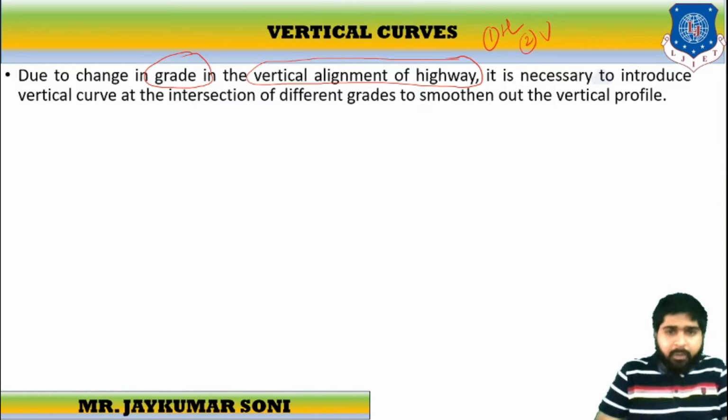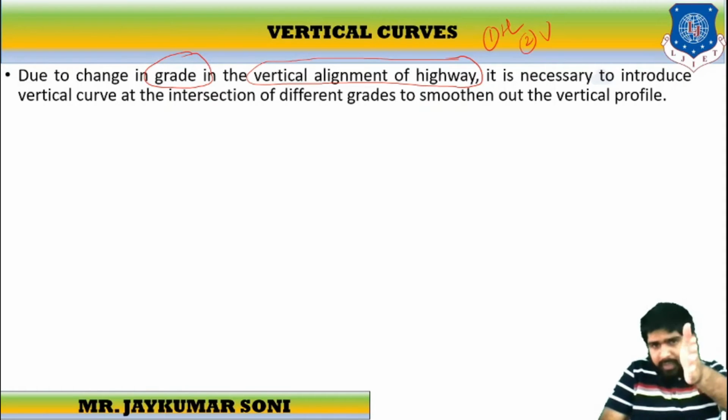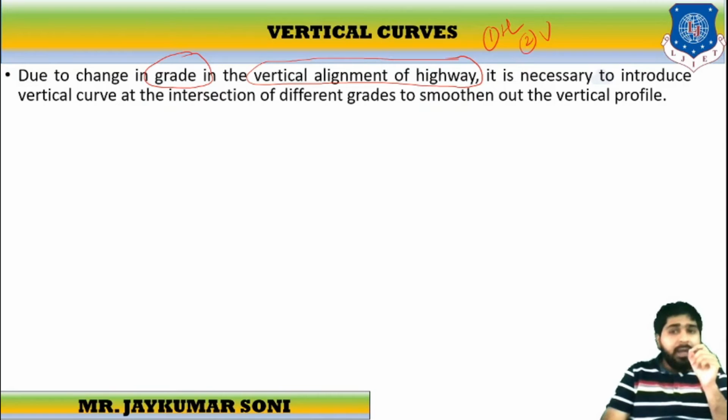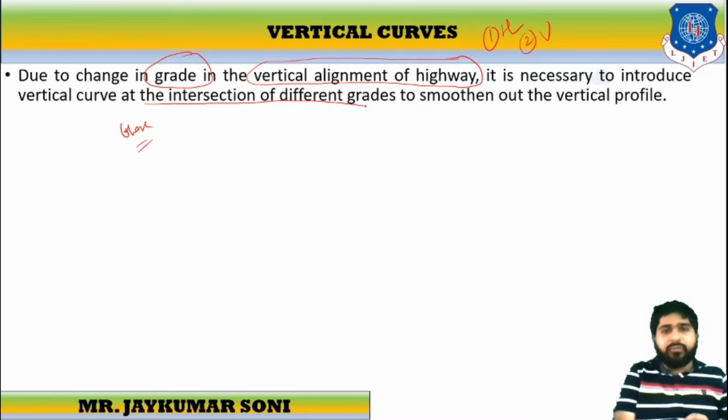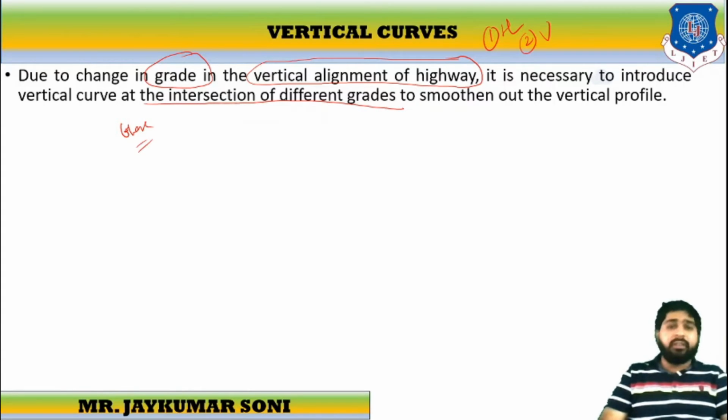Here we are discussing about the vertical alignment of highway. When there is the change of grade, means change in slope of vertical alignment of highway, it is necessary to introduce vertical curve. Now where it is introduced? So this is the answer. It is introduced at the intersection of different grades, where two grades or two slopes are intersecting with each other.